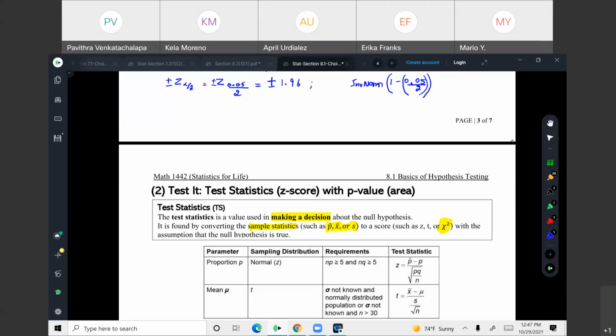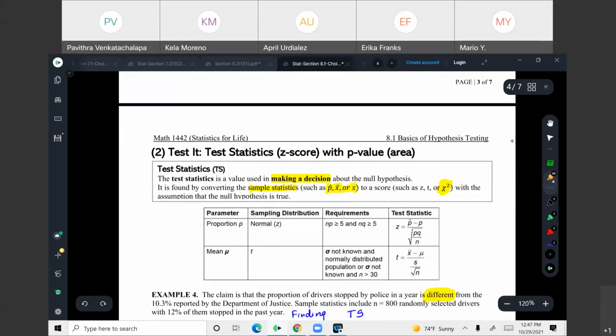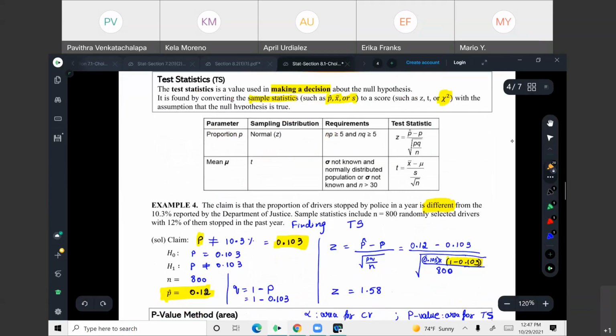So I was just curious to know what will be the result if we use critical value. Whenever you are calculating p-value, you are going to use test statistic. Whenever you are going to calculate alpha, you will use critical value.